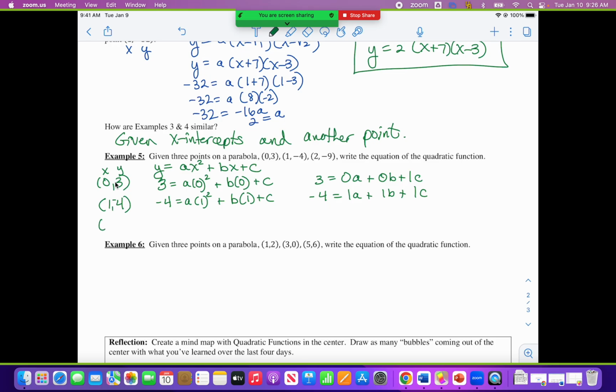Then my third point is 2, negative 9. So I'm going to get negative 9 equals a times 2 squared plus b times 2 plus c. So what I've done is I've plugged x and y into general form.